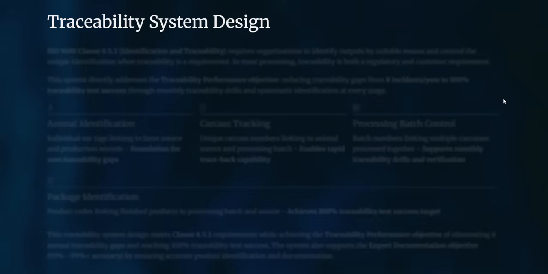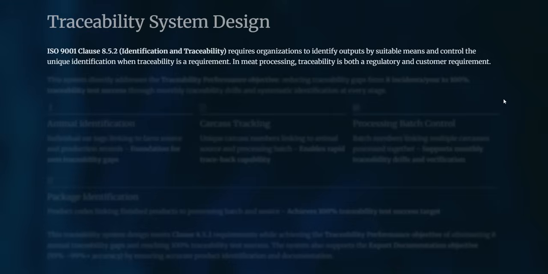Now, traceability system design. How do you design it effectively? Everything we just said, let's implement it in real life. ISO 9001 Clause 8.5.2 requires organizations to identify outputs by suitable means and control the unique identification when traceability is a requirement.